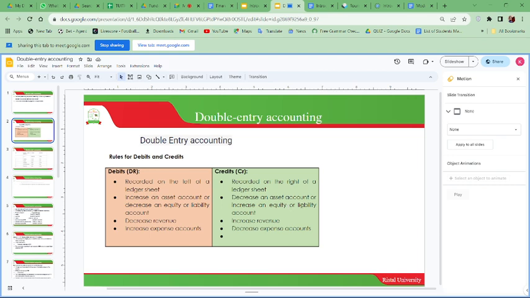If there is an increase in a liability, we record under credit side. If there is an increase in revenue, we record under credit side. If there is a decrease in an expense account, we record under credit side.